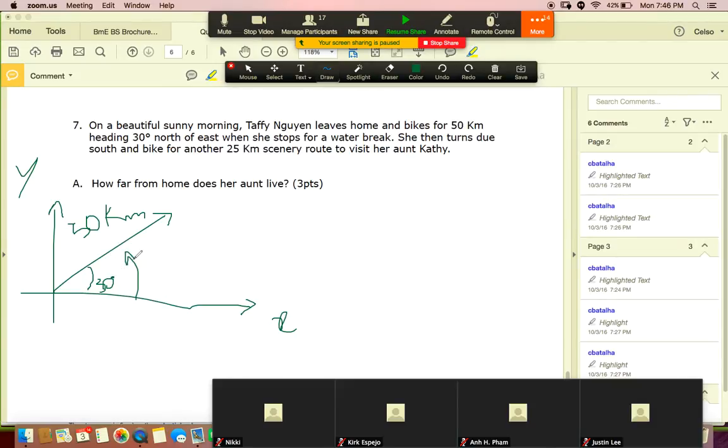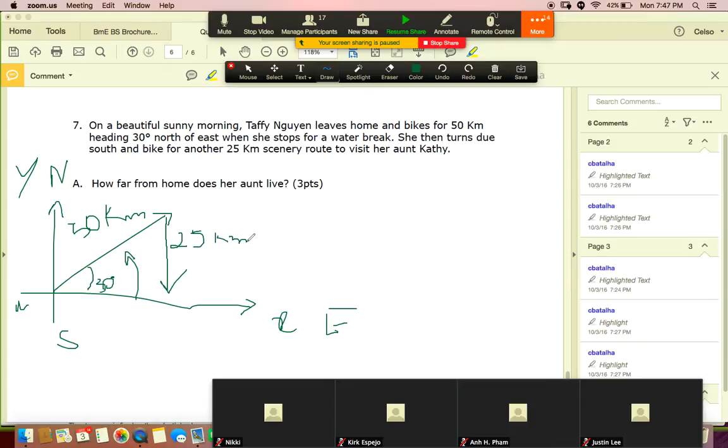Because this is north, this is east, and this is south, and this is west. And then she stops for a water break, and then she turns due south. So from here, she goes due south like this. And then she bikes for another 25 kilometers.